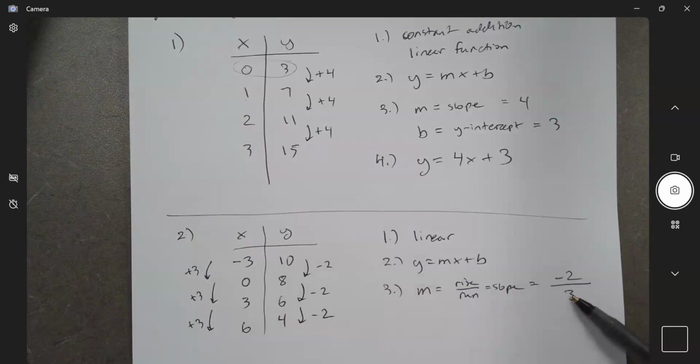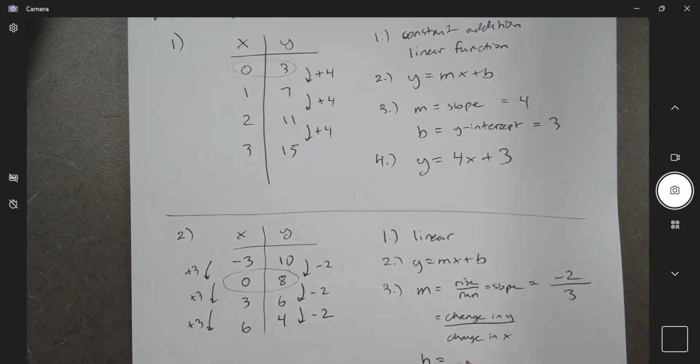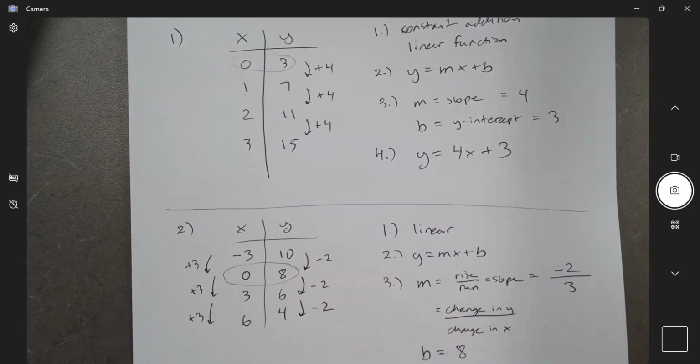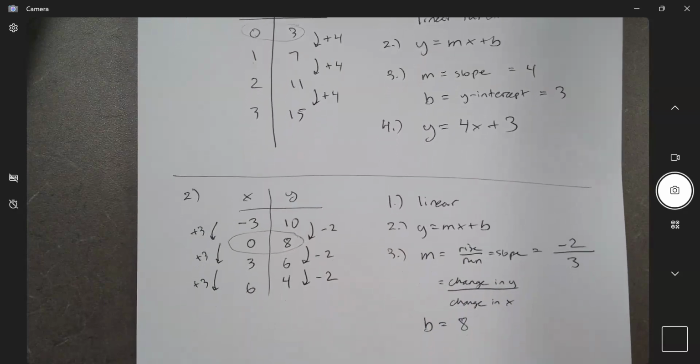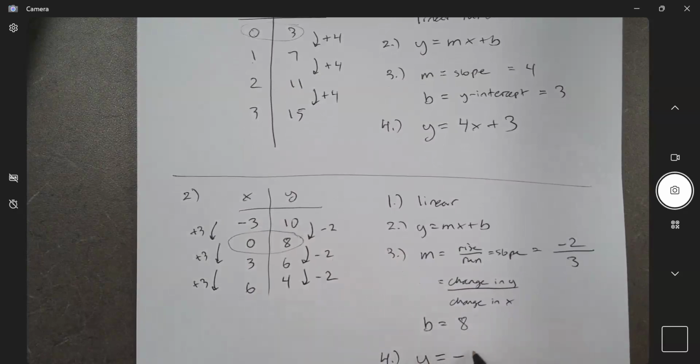And it's the change in y over the change in x. And fortunately, we still have our y-intercept shown right there. So our line is y equals negative 2/3 x plus 8.